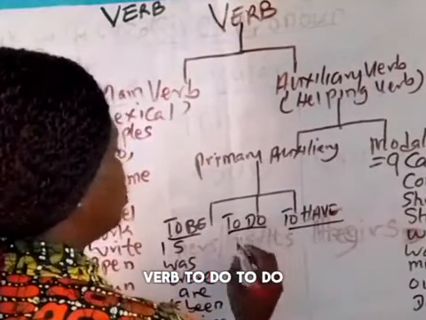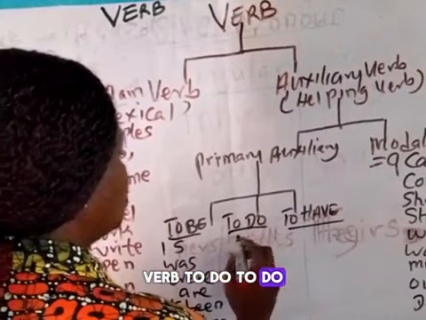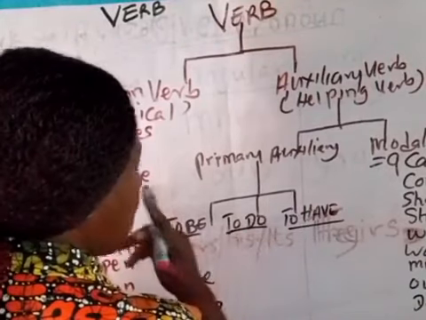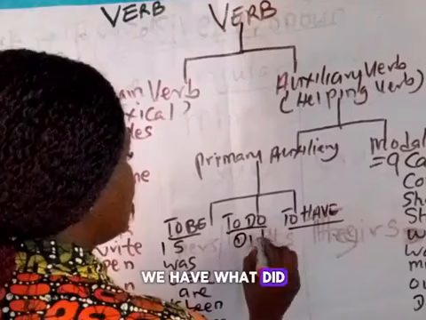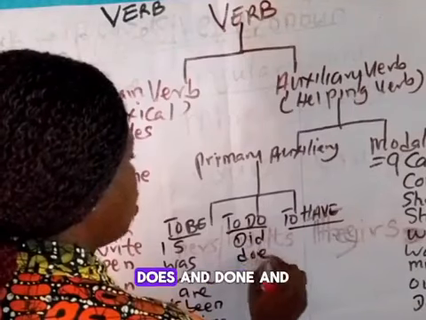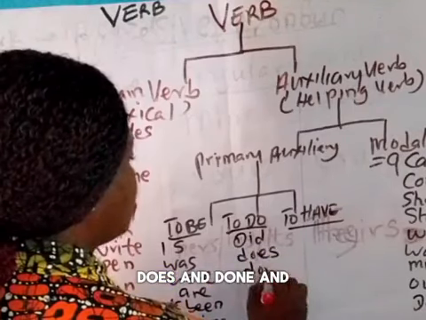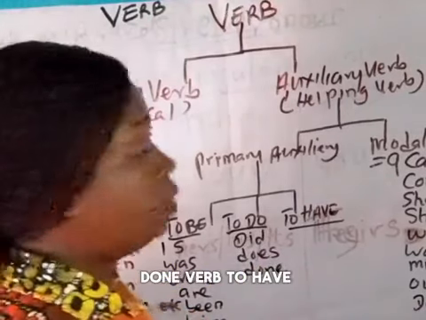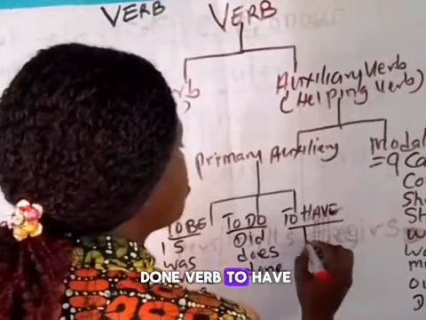So the next one is verb to do. We have what? Did. We have does and done. Verb to have.